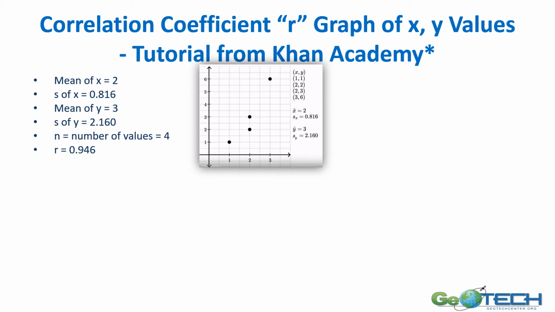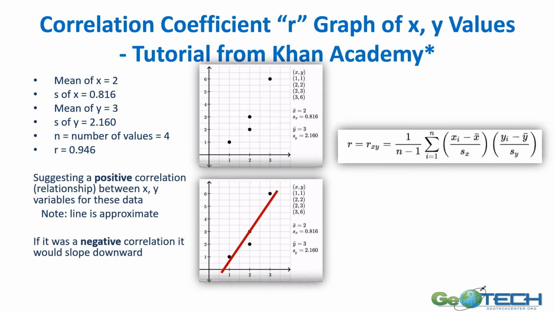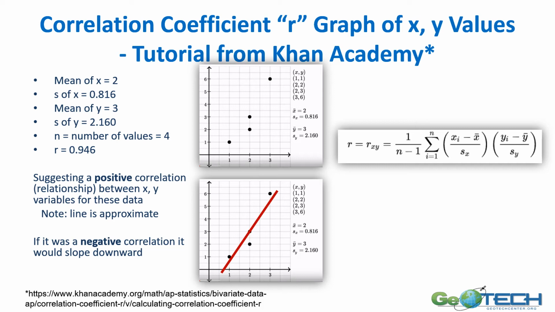It probably indicates a relationship. So here's my equation again. And if I look at the graph, it has a positive correlation, a relationship between our coffee houses and our hamburger havens. If it was a negative relationship, then the slope of the line would be going down. Again, the Khan Academy has some good examples of how to graph these.